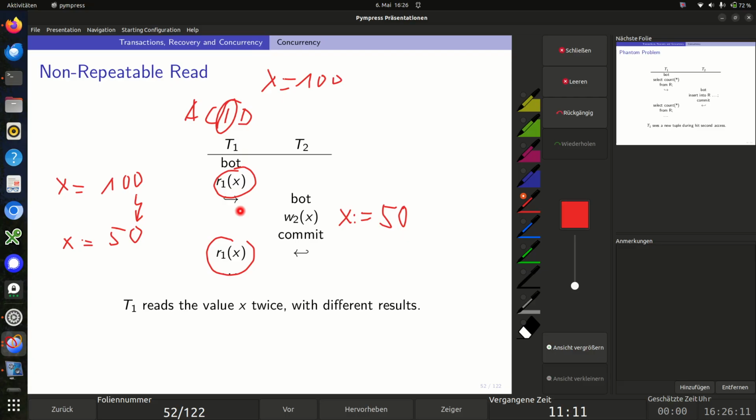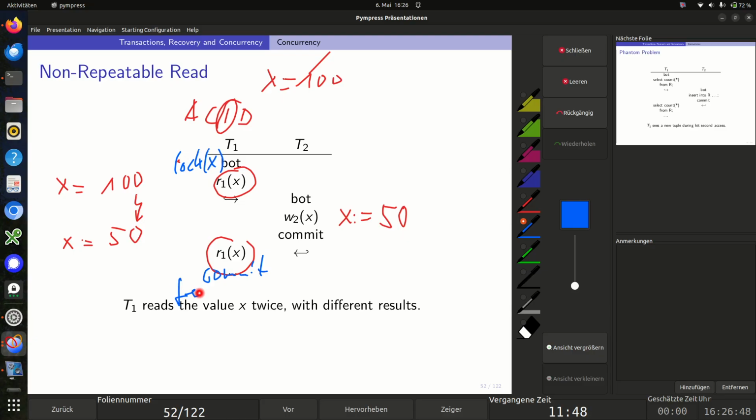So I want to show you all the problems, and then I want to show you how the database system is solving these issues. And at the end, I will show you how it's actually implemented, like locks. So at the end of today, I will show you the different kinds of locks. And the idea is, to avoid non-repeatable read, what we would do is say, okay, I will have a lock on X, and at the end of the transaction I have a commit, and then I could release the lock.